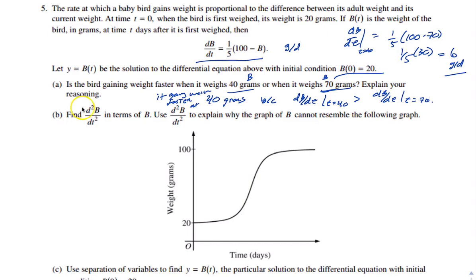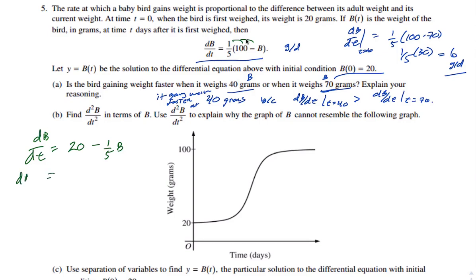Find the second derivative of B with respect to t in terms of B. Use the second derivative to explain why the graph of B cannot resemble the following graph. So first, it wants us to find the second derivative. So we're just going to take a derivative again. To help us out, let's simplify this first. So let's write dB/dt equals, distribute, so 20 minus 1/5 B. Let's take a derivative of both sides.